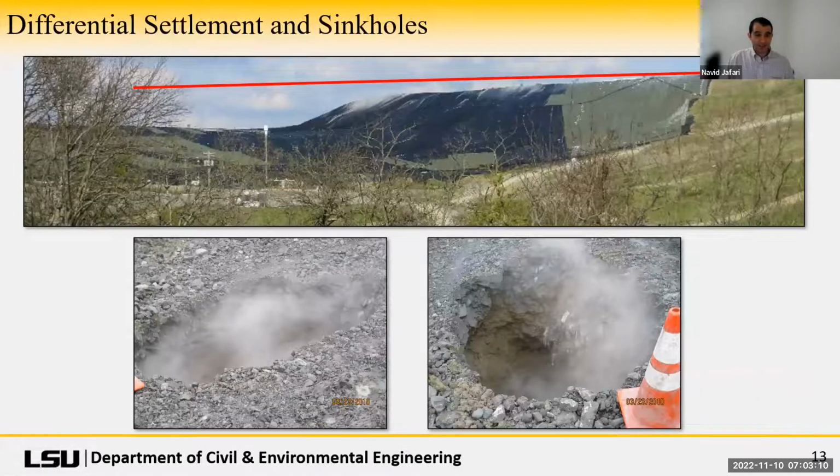I mentioned differential settlement. The photo on the top here you've seen before, and I'm showing with the red line where the landfill used to be and how much it has dropped. Of course, a safety hazard is if the ETLF, through some migration, facilitates a sinkhole to develop, and those have been found at this facility as well.